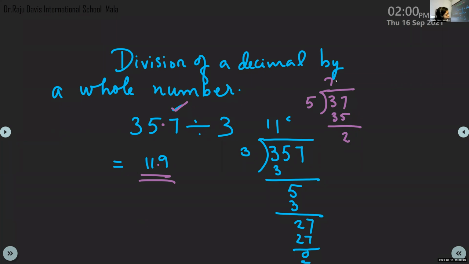So we have 20 here. 5 fours are 20. 7.4. 7.4 as answer. Understood? Yes, ma'am. Ma'am, so there we will get 7.4 direct answer, right? Yeah, direct answer. But in this question, as you are dividing a decimal by a whole number, we can discuss later after studying this.